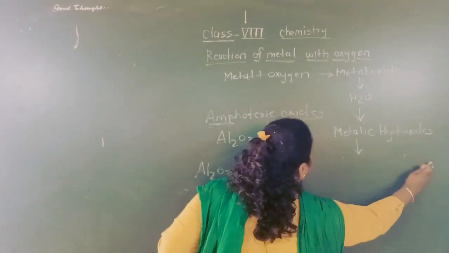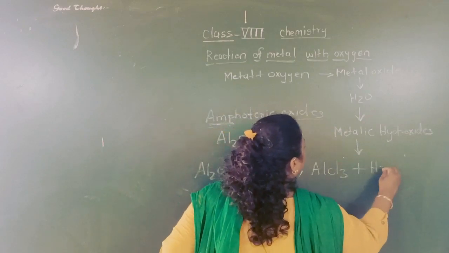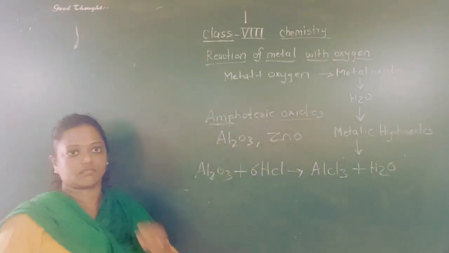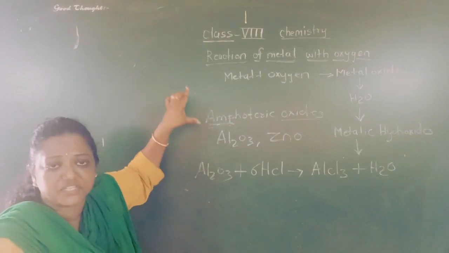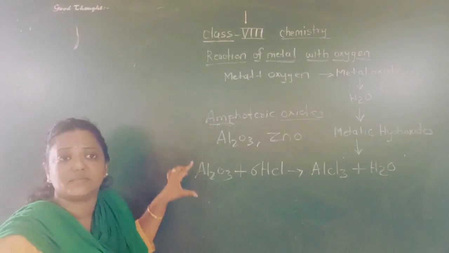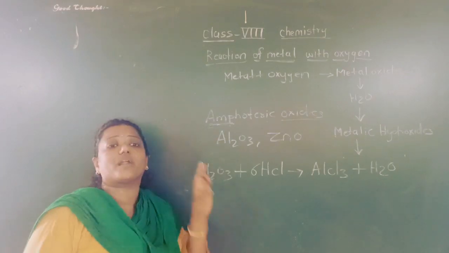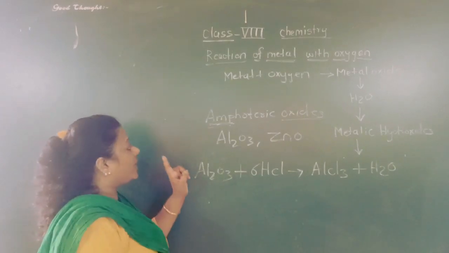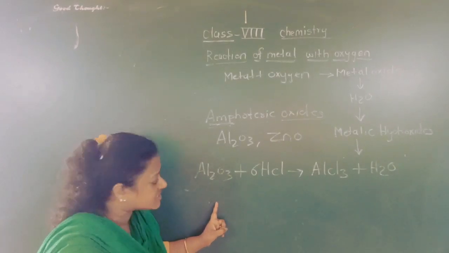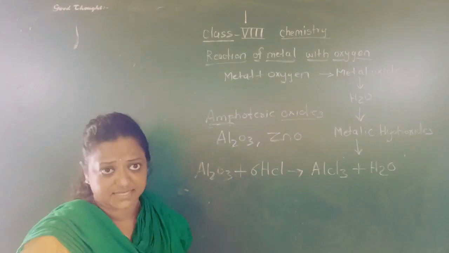Then it will form AlCl3 plus water. Amphoteric oxides show the properties of acids and bases both.